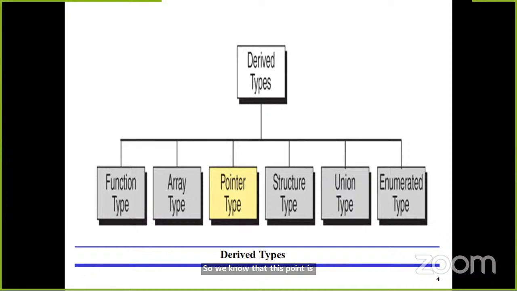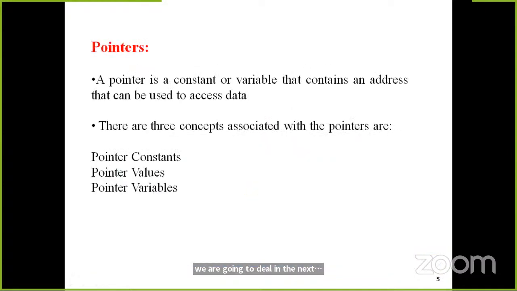We know that pointers are called derived data types. In derived data types, we have already seen arrays, and we will deal with functions in the next classes. Now we are going to see the pointer. As a definition, a pointer is a constant or a variable that contains an address that can be used to access the data.